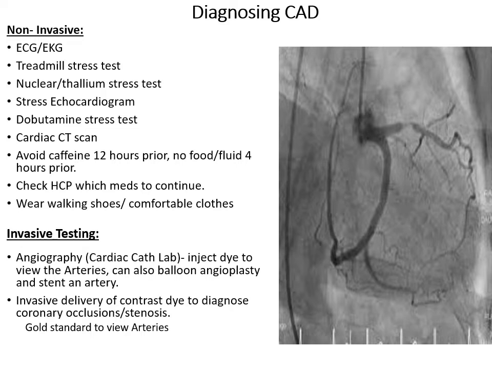A dobutamine stress test. So you can't get on a treadmill test because you have knee arthritis, hip arthritis, a disability, something where you just can't get your heart rate up to a fast enough rate for us to have a good idea if there's any ischemia, because you need to get to a certain heart rate for these tests.